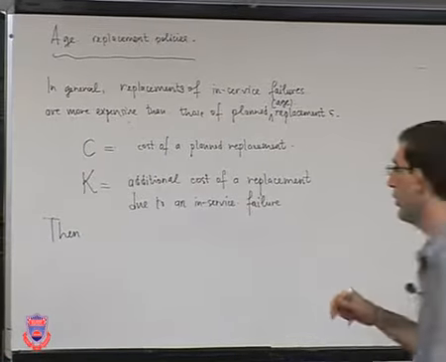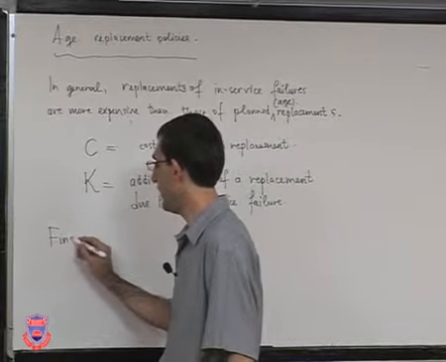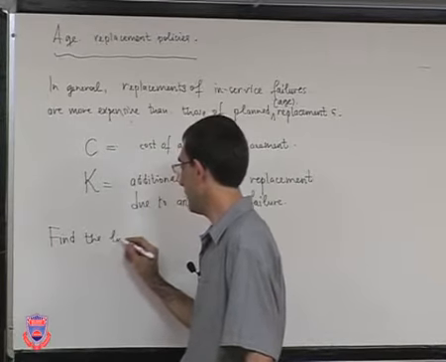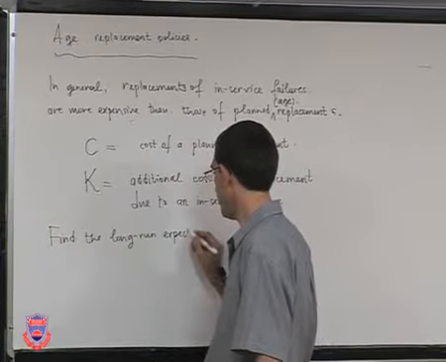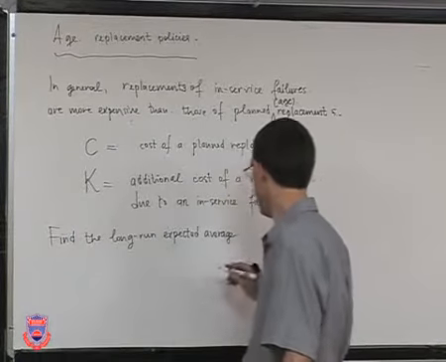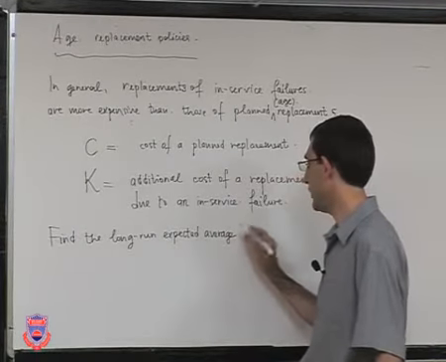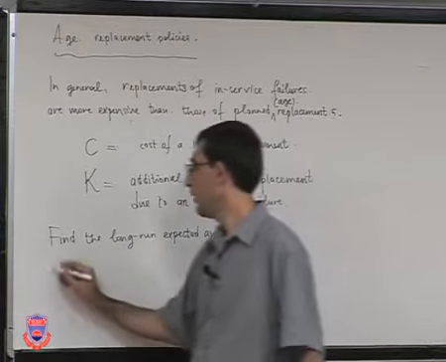Now let's calculate the long run expected average cost per time unit.